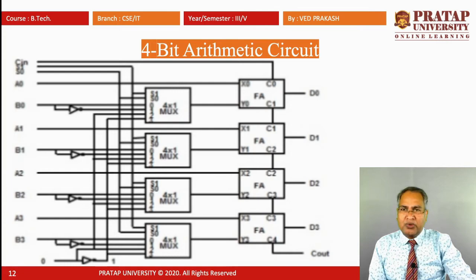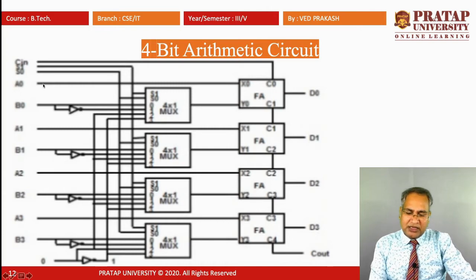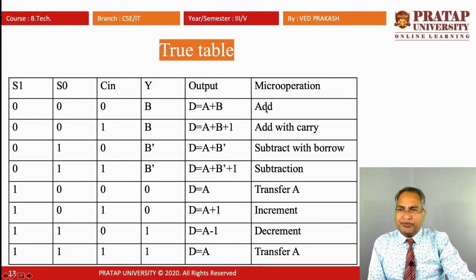Now we observe the two tables of the 4-bit arithmetic circuit, how it works on the values of the selecting lines and input carry C. If both selecting line inputs are 0, 0 and carry in is 0, then at the Y terminal, the output of the multiplexer, we obtain B, and the actual output after processing through the full adder, denoted at the D terminal, we obtain A plus B. So we can say that is the addition micro operation.